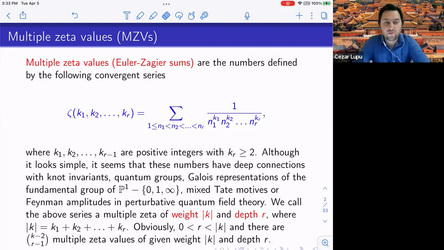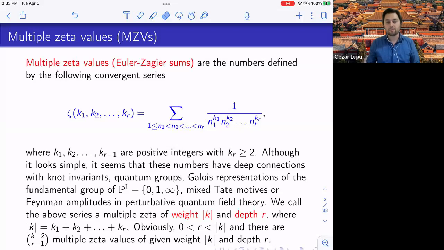So we will call this from now on multiple zeta values of weight k, where k will be the weight, the sum of all these ki's, and the depth will be r.